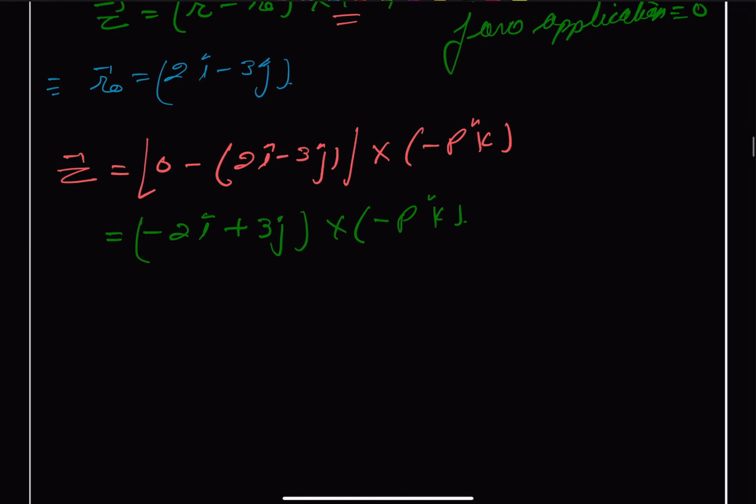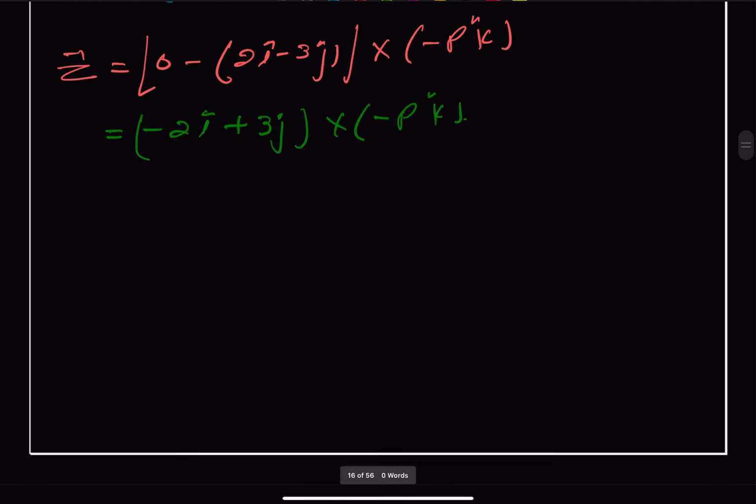Okay, let me find out, then it is easier. With the i, j and k unit vectors, this comes as minus 2, 3, 0, and this will be 0, 0 and minus p.